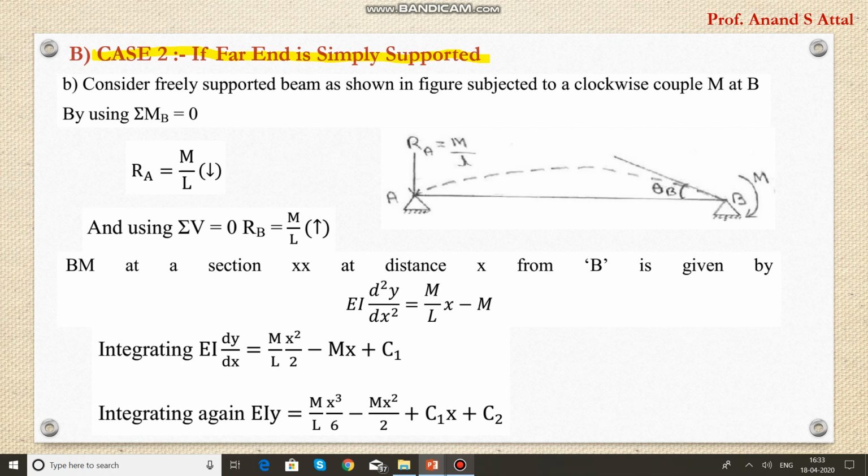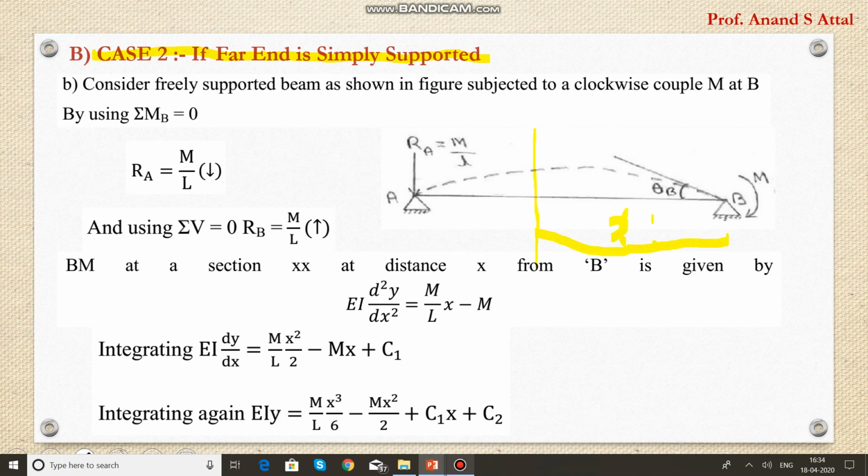Now again, the bending moment at a section XX at a distance x from B, if we write the moment equation, is EI d2y/dx2 = (M/L) x minus M. Integrating, we get EI dy/dx = Mx²/2L minus Mx plus C1.